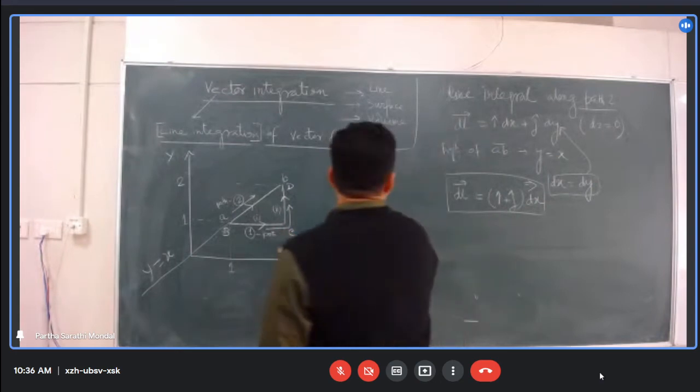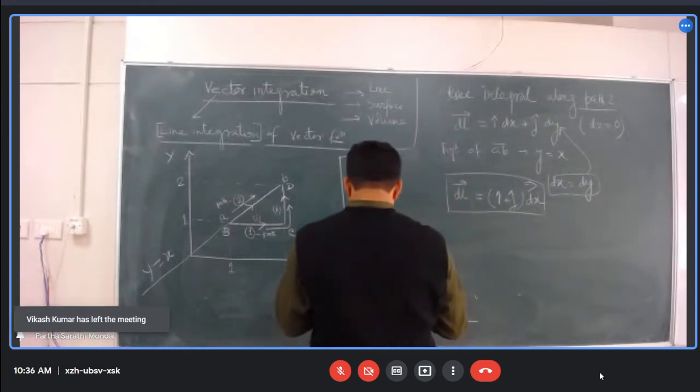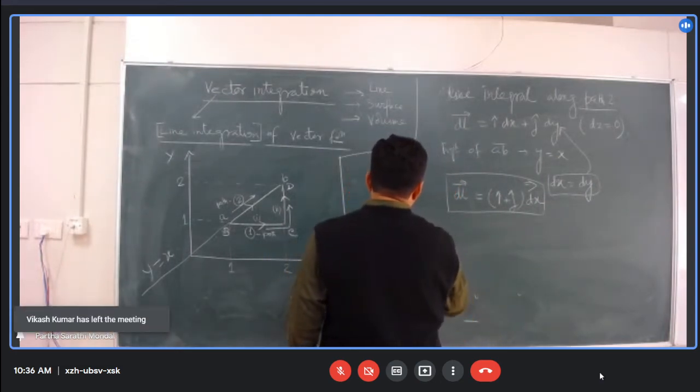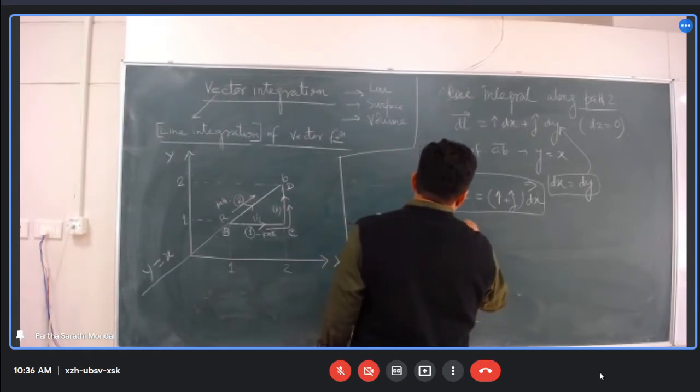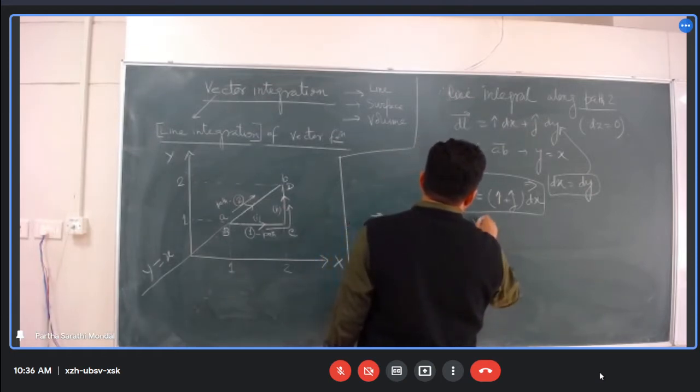So a will become, what was the value of a again? y squared i plus 2x into y plus 1 into j.